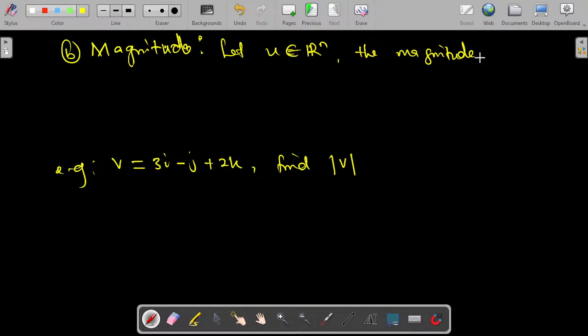But in writing it mathematically, you write it this way: let u be in Rn. Therefore, the magnitude of u is equal to the square root of u1 squared plus u2 squared plus up to un squared, depending on the dimension of that vector.